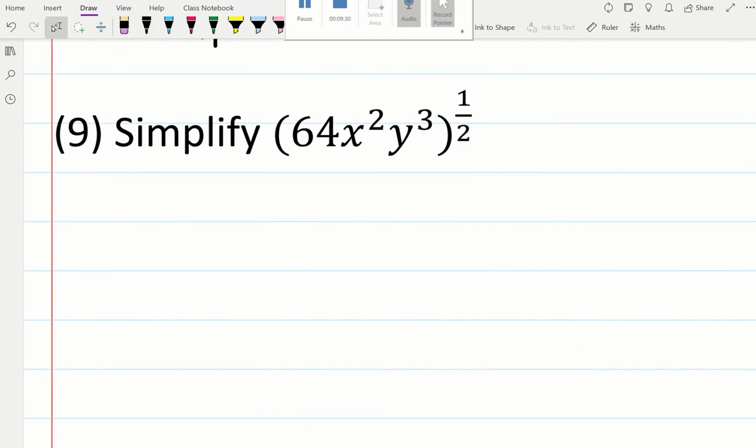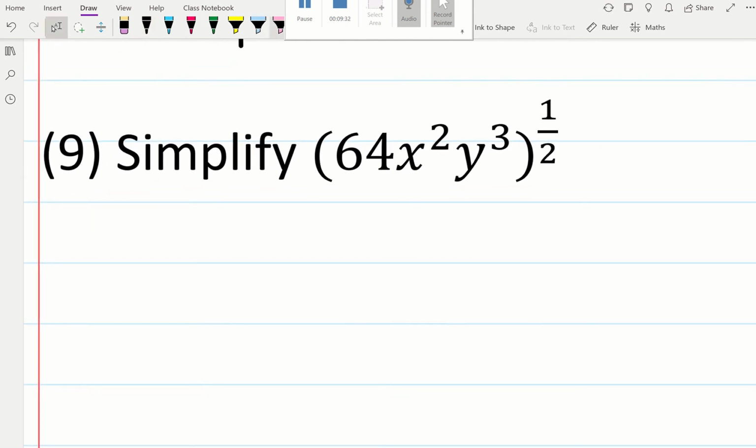Question 4 gets a little bit more complicated. You've got 3 parts. You've got 64, you've got x squared, you've got y cubed, and then the power is a fraction, it's a half. The power outside the bracket is applied to every part.